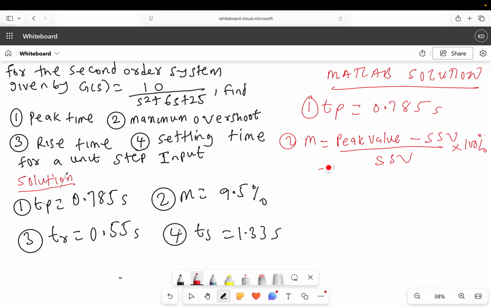So we have seen that the peak value is 0.438. Then our steady state value from the response is 0.4. Then divided by 0.4 times 100%.